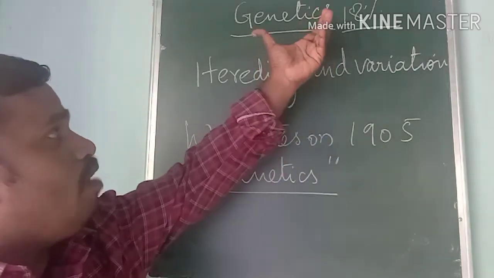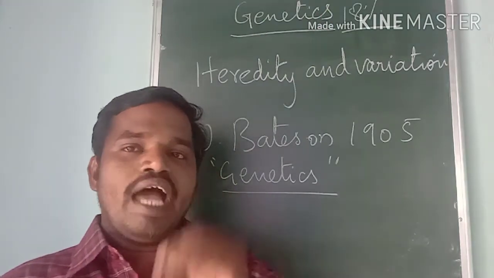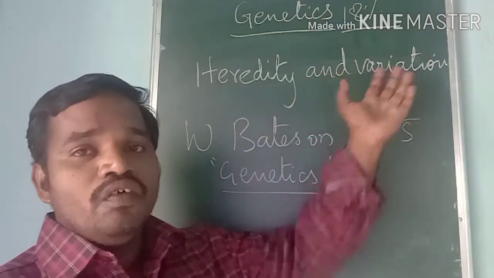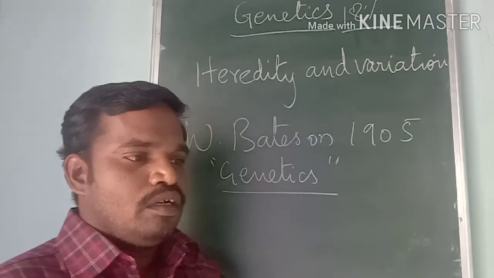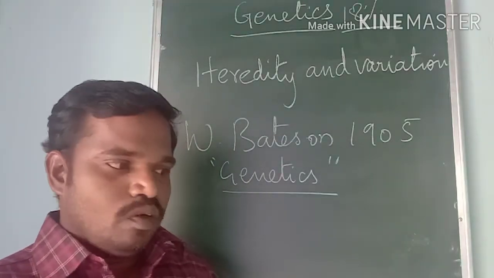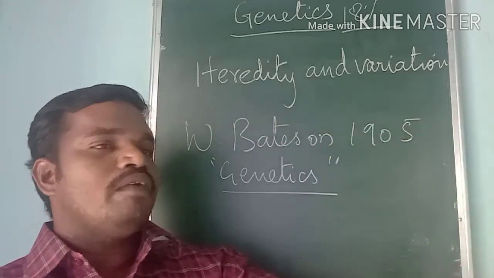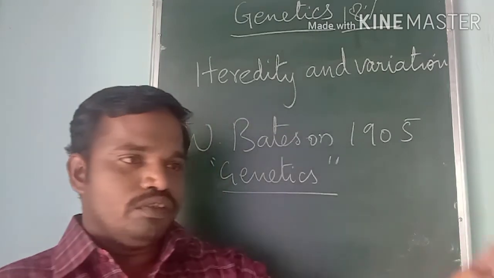So let's have the definition of genetics. Genetics is the branch of biological science which deals with heredity and variation. Heredity is nothing but inheritance. The characters come down through generations, from forefathers, grandfathers and fathers, then to their offspring, children.